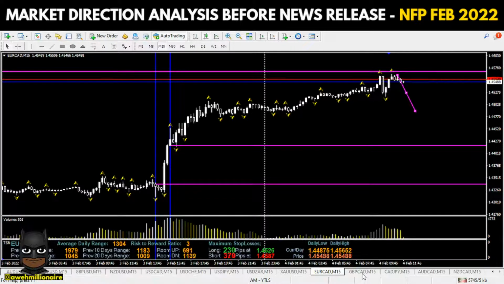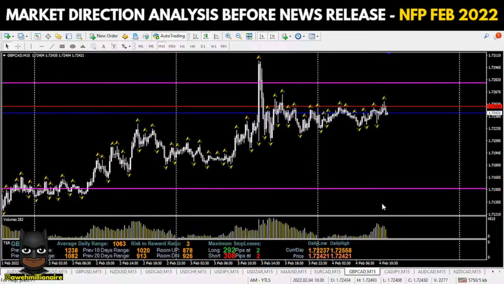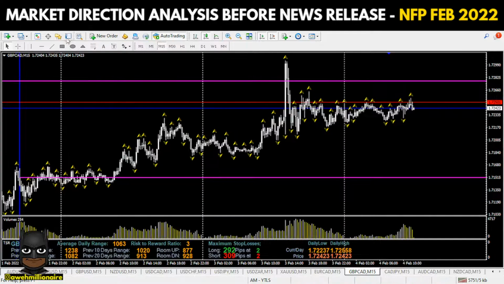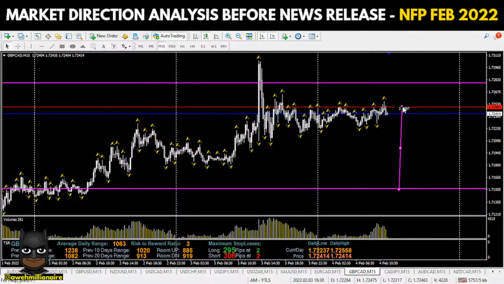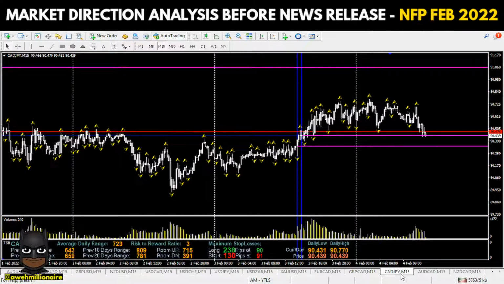And then GBPCAD, got price coming off the supply there, so next highly likely level to get tested is the demand, so again potential to sell down to the demand over there. CADJPY, currently testing the demand level as you can see over there, so this one's pretty clear. Look to buy from the demand up to the supply.